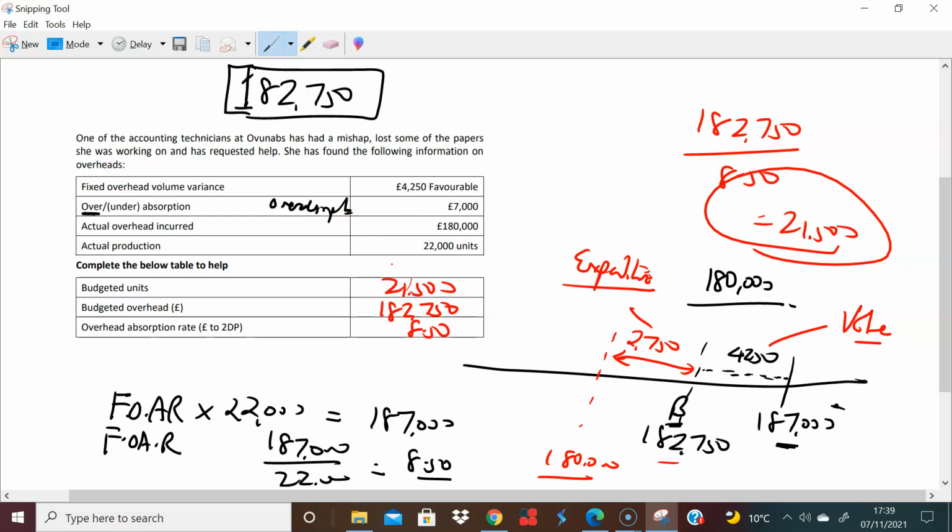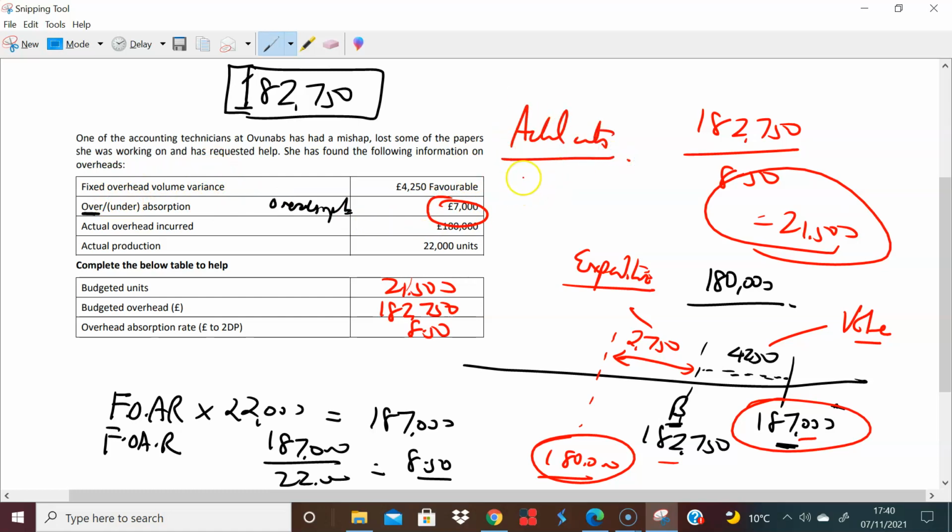What was the trick here? I think the trick was to identify these. These are the two that you're always going to be dealing with. In a way, they kind of work backwards. Typically, you would find this, but they told you there was an overabsorption in the end, and any overabsorption discusses the relationship between actual costs and what you've put in, your kind of flexed budget, if that makes any sense.